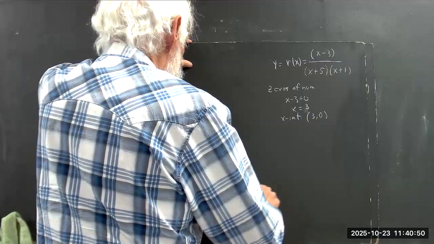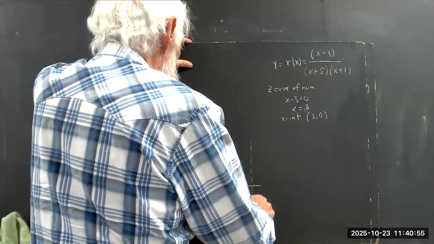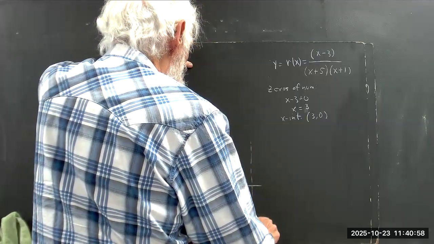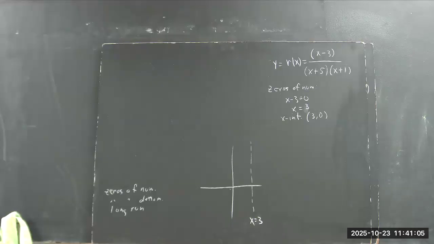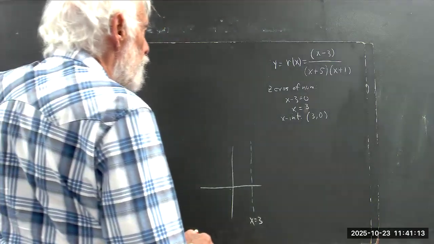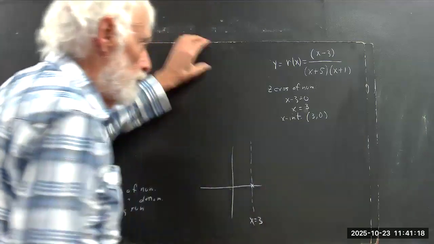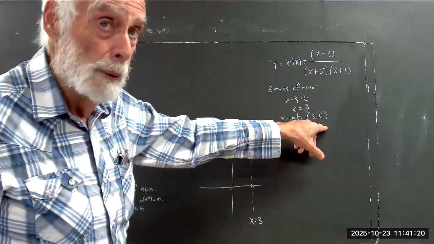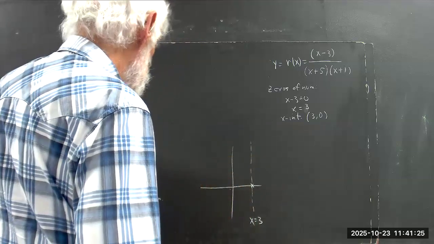Let's do that here. x equals 3, we can put it about here. We mark that, because (3, 0) is a point on the graph.